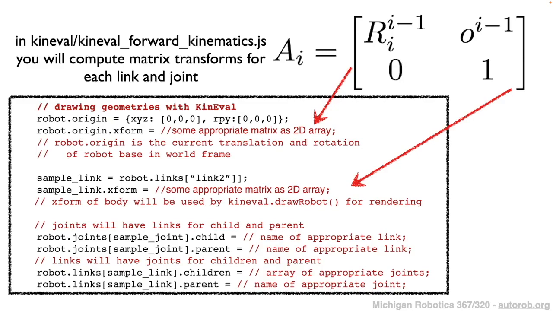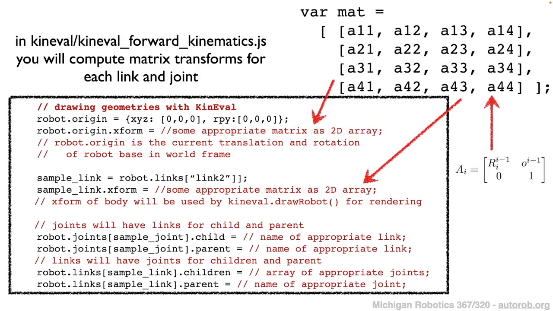Within the code, ultimately the way that we're going to position each of the linked geometries is by specifying a transform, which we call xform. We're going to specify an xform property for each of the links. What this xform ultimately is going to be is this matrix that we saw 2 slides ago that was controlling the rotation and the translation of that specific link. So this matrix A is what is expressed as the xform property for each link within our simulation.